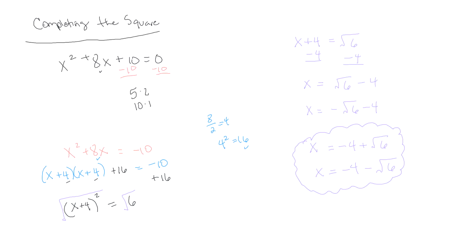Okay, so let's do x squared minus 6x equals 12. I'm just going to give myself some space. Complete the square.